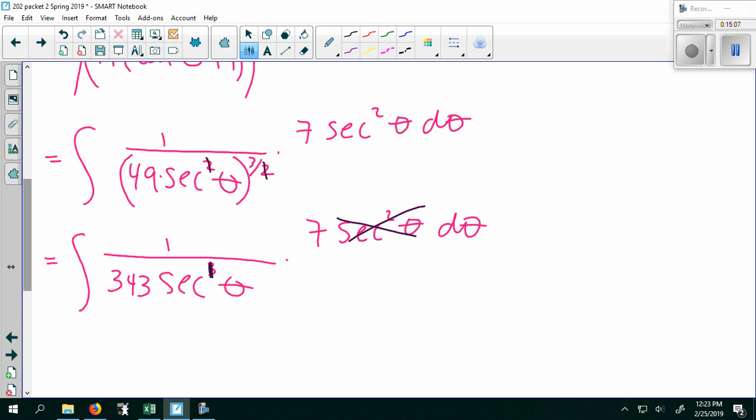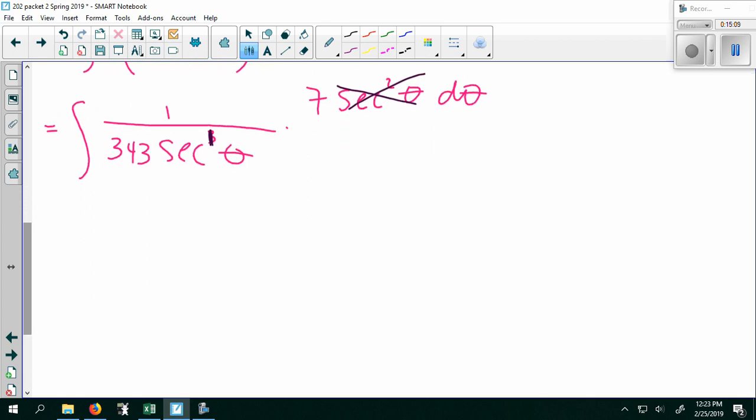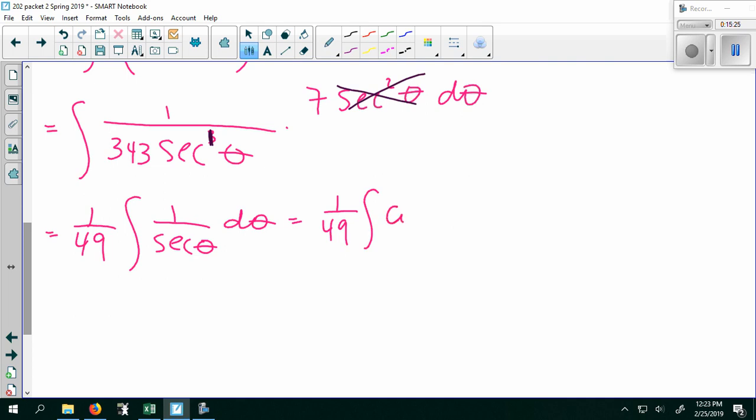And then 7 over 343, that's going to reduce to 1 over 49, and I'll pull it out of the integral. And I'm left with 1 over secant theta d theta. But 1 over secant is just cosine, so this is 1 over 49, the integral of cosine theta d theta, which is 1 over 49 sine theta plus c.